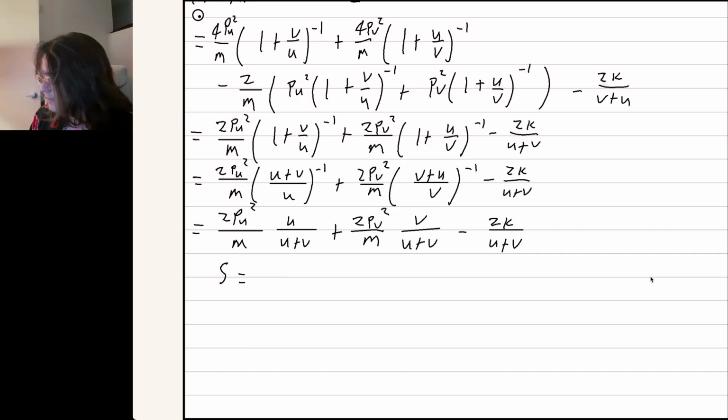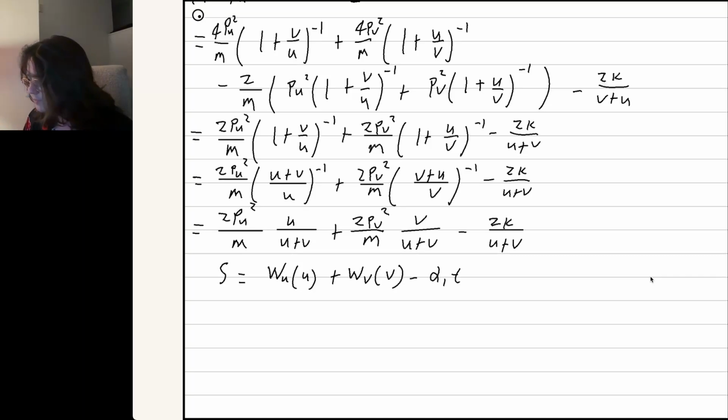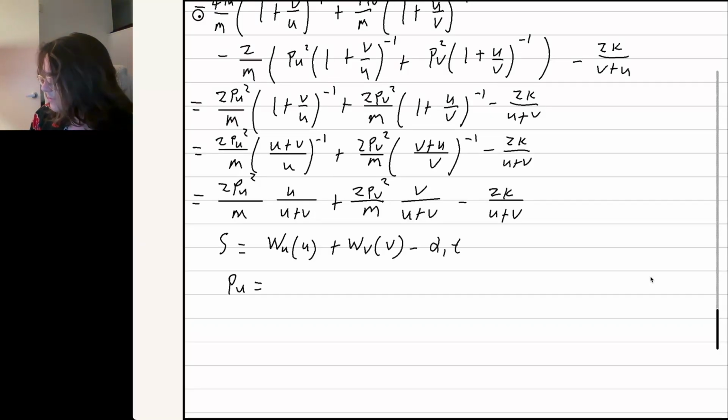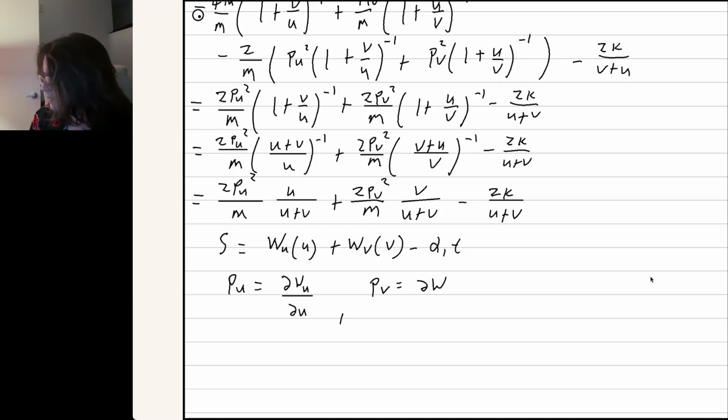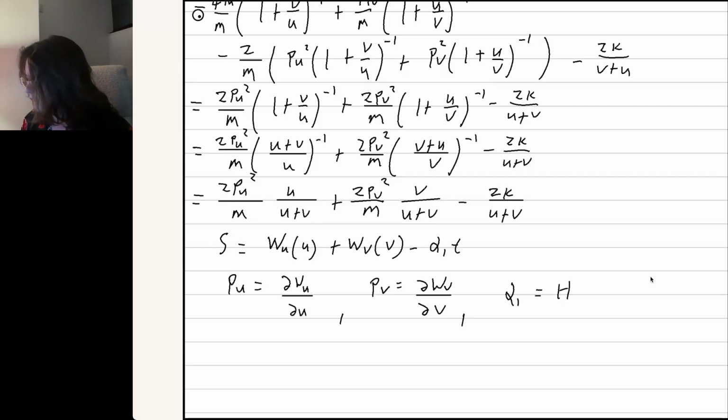The principal function will be W_u of u plus W_v of v minus alpha 1 t, where W_u and W_v are Hamilton's characteristic functions, which have the relationship of p_u being del W_u over del u, and p_v being the partial derivative of the v function with respect to v, and alpha 1 is just the energy of the system, so exactly equal to the Hamiltonian, actually.